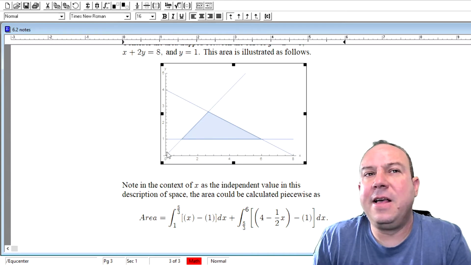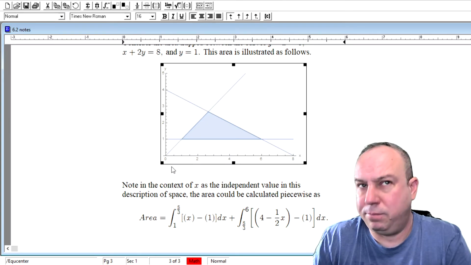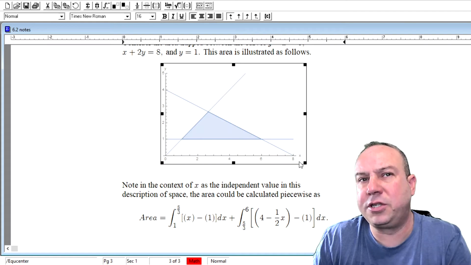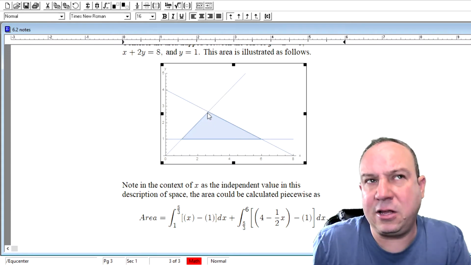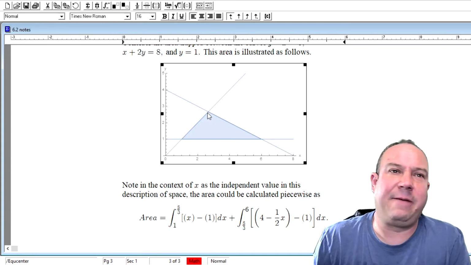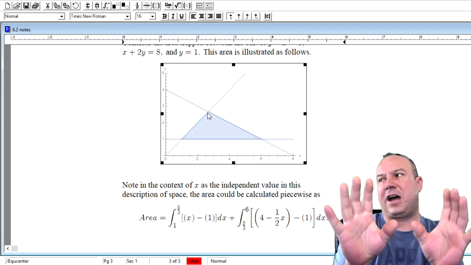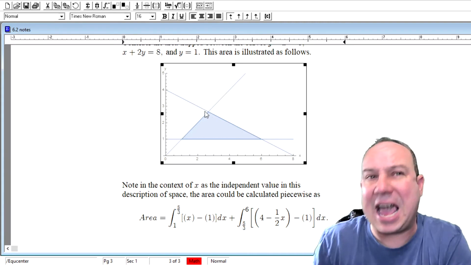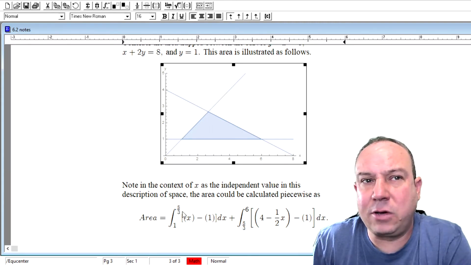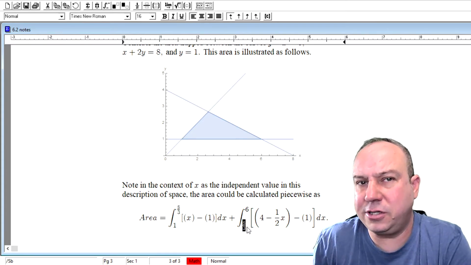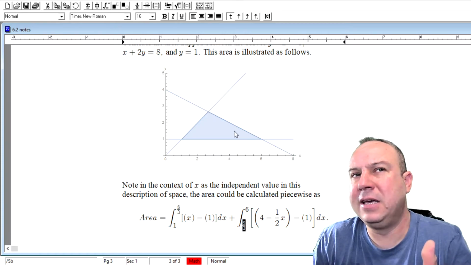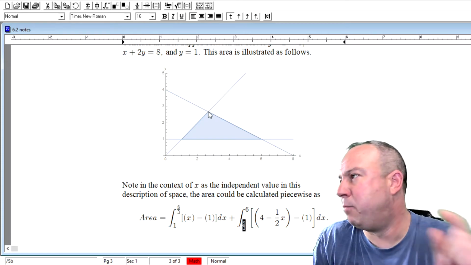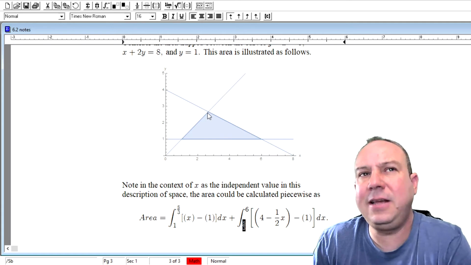Set this relationship equal to this relationship, and that is where you will find this intersection point. Now, you would have to solve them for their y's and then set those two values of y equal to each other and solve for x. And that's how I know this location for x is at 8/3. Right? Just a little bit of algebra will tell me that by finding this coordinate on both lines simultaneously.